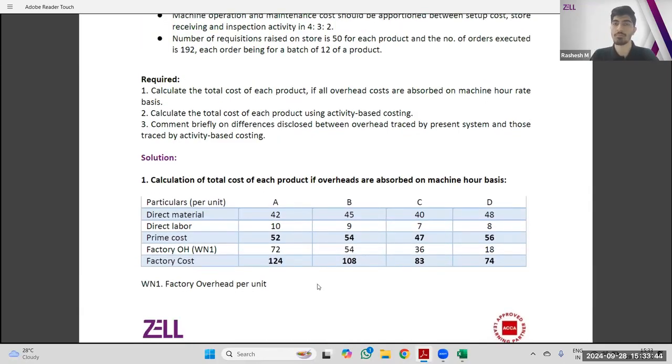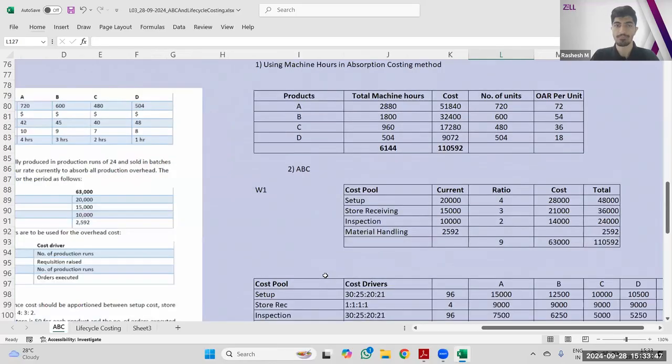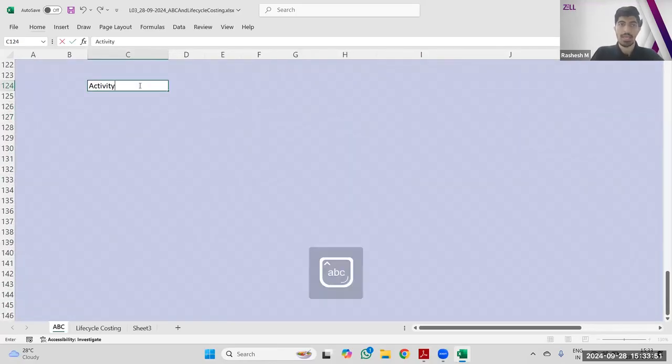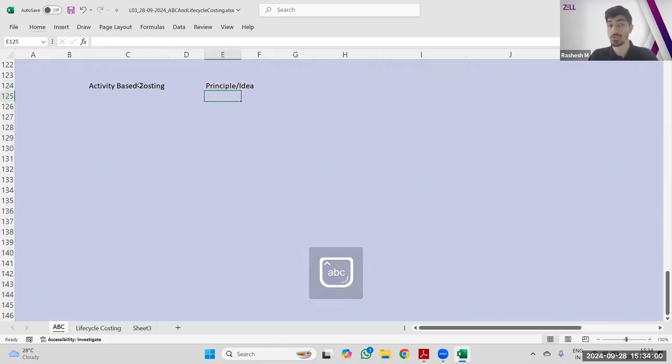Just one last thing from my end to clarify. Activity based costing is more of a principle, more of an idea, a basis with which you do things. On top of that, there is activity based budgeting, which is a budgeting method, which we briefly saw in the questions that we did, but it's more so discussed in the budgeting chapter that we're going to learn later.